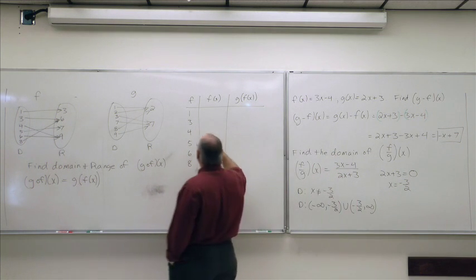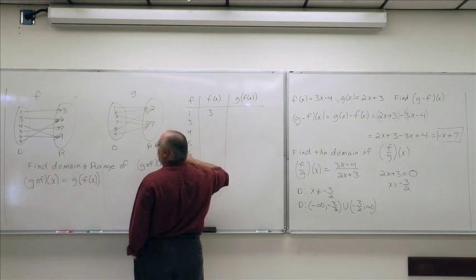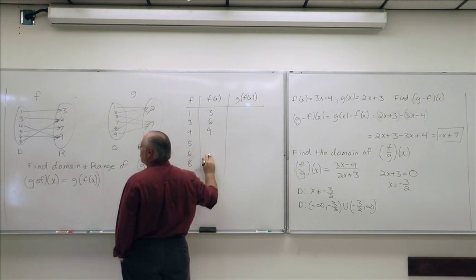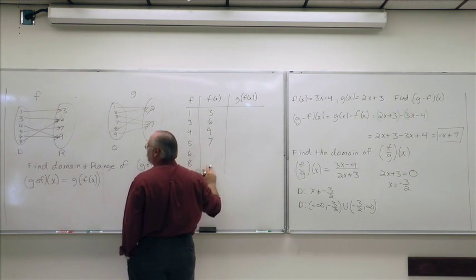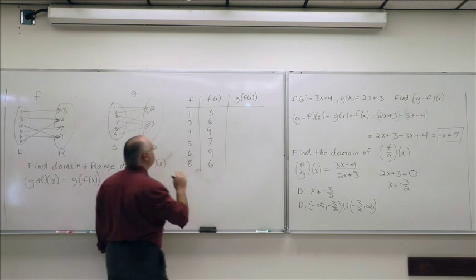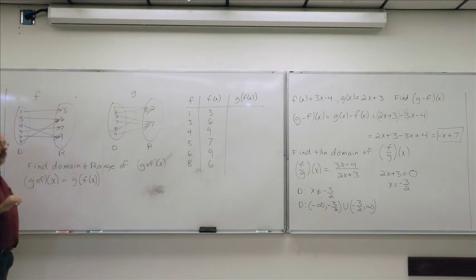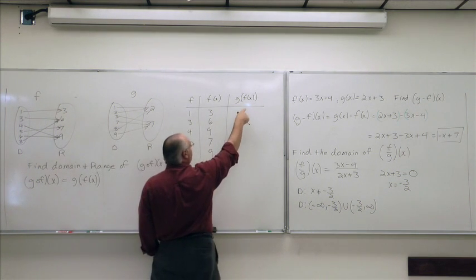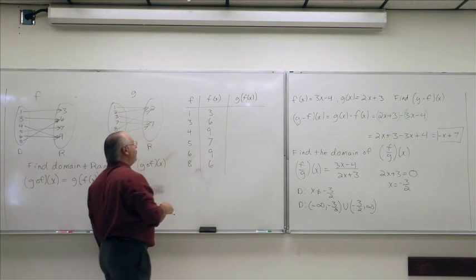So f of 1 is 3, f of 3 is 6, f of 4 is 9, f of 5 is 7, f of 6 is 9, and f of 8 is 6. Now we're going to find g of f of x, those numbers.